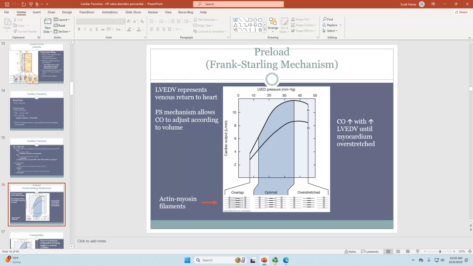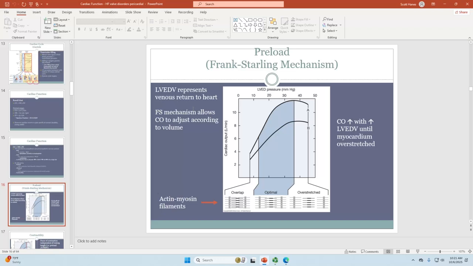In other words, increased volume normally would increase cardiac output up to a point, until it gets overstretched, and then it starts to falter. Okay? So more blood is good to a point, but at some point for each patient, we begin to plateau and decrease cardiac output the more blood that's presented to it. Okay? Does that make sense? Or do you want me to go through anything over again on that?